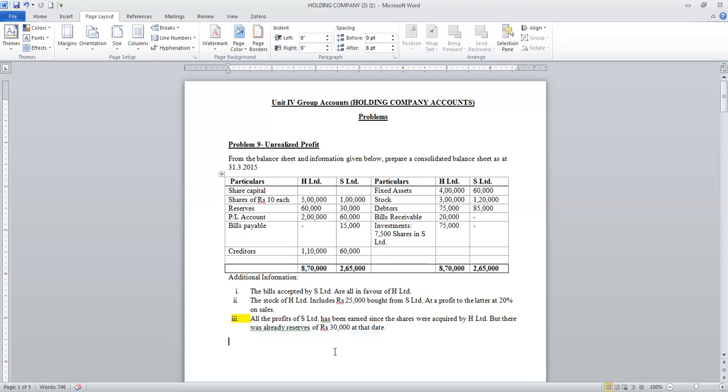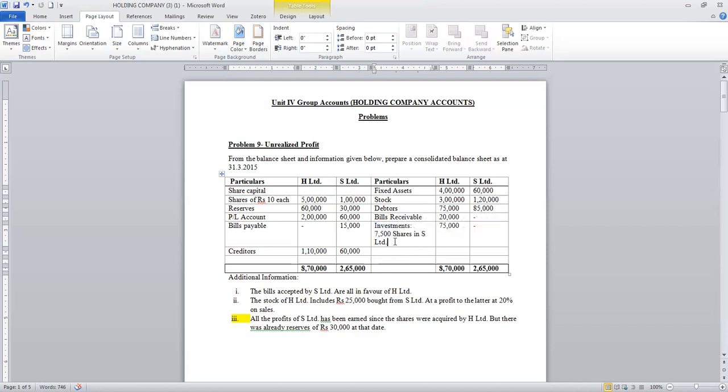So for example, in this problem, the balance sheet is given for H Limited and S Limited as on 31st March 2015. Profits, liabilities, and assets are all given. On the asset side you can see the investment, which shows that H Limited is holding a majority of the shares of S Limited.